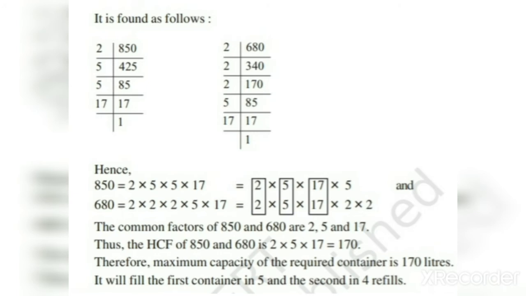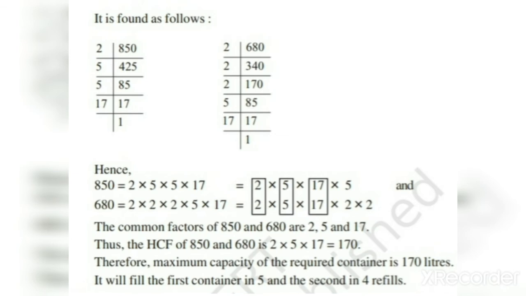The prime factorization of 850 is 2 multiplied by 5 multiplied by 5 multiplied by 17, and the prime factorization of 680 is 2 multiplied by 2 multiplied by 2 multiplied by 5 multiplied by 17. Now let us find out common factors. 2, 5 and 17 are common. We have to multiply these three numbers.